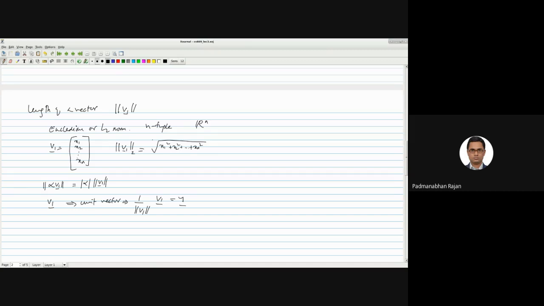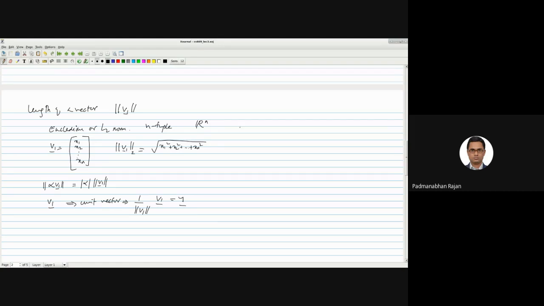Can somebody give me an example of some other norm for Rn? Supremum norm, okay, she has said that. Supremum is, I think, mostly for continuous spaces.